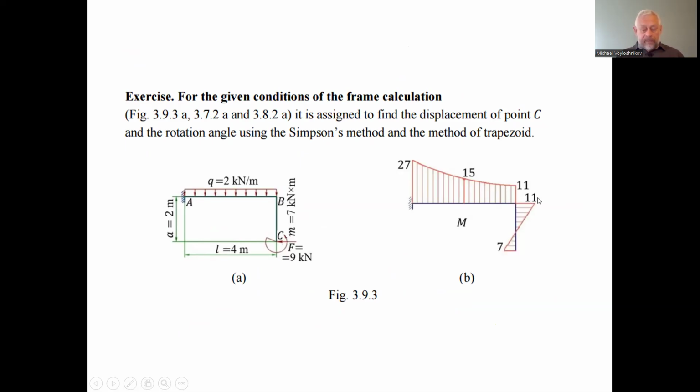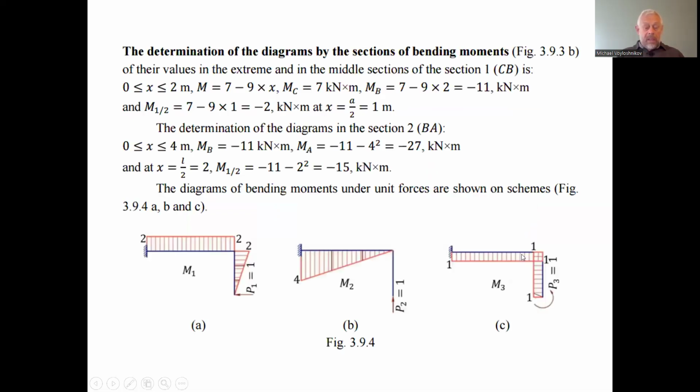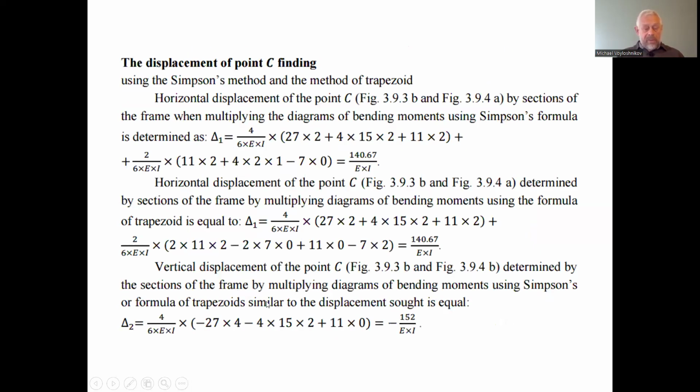From 11, we assume that 11 is positive, so we have considered 7 as negative. We have in the trapezoid rule the factor 2 product by -7, so it is minus. And we have 0. 0 is the magnitude of the bending moment under the action of the unit force in the point C. So we have 0, although we keep the summand in the mathematical equation. Hence, we have a 0 factor as well.